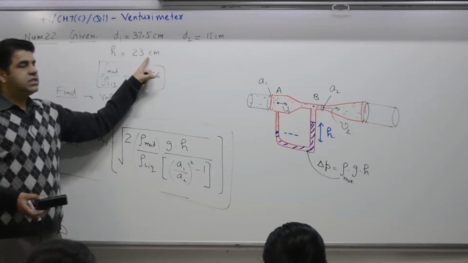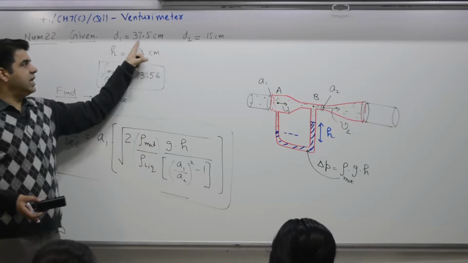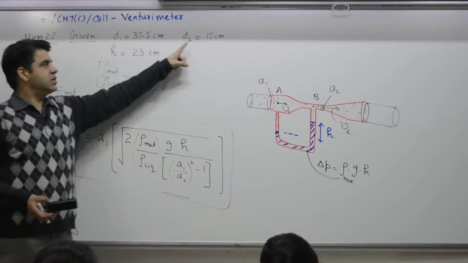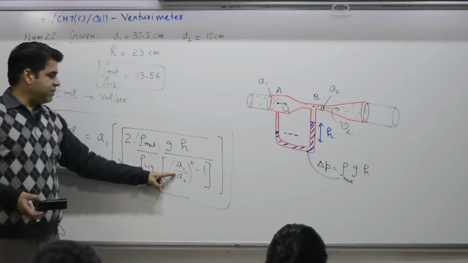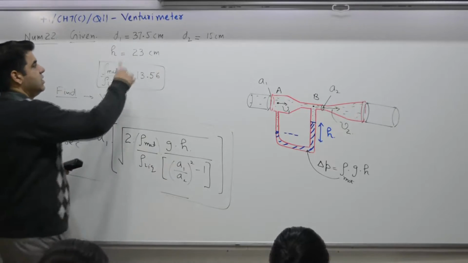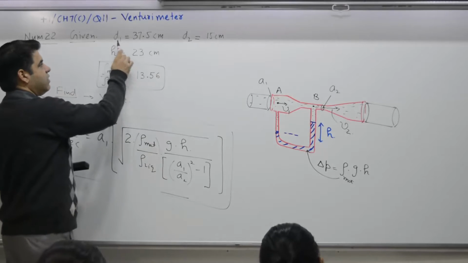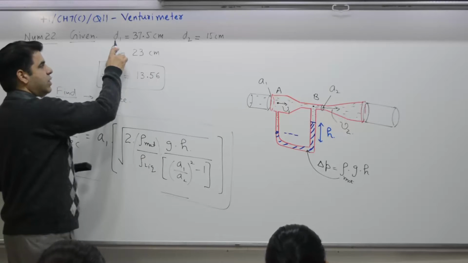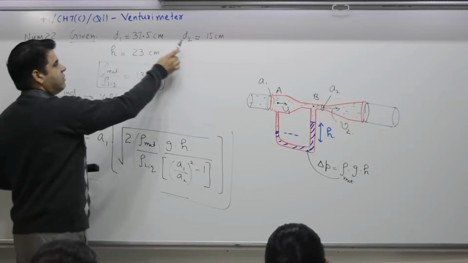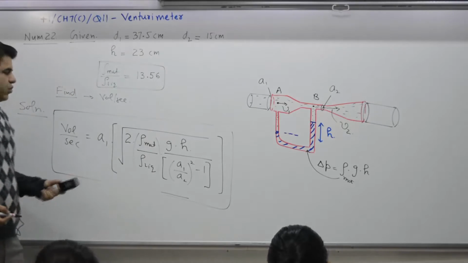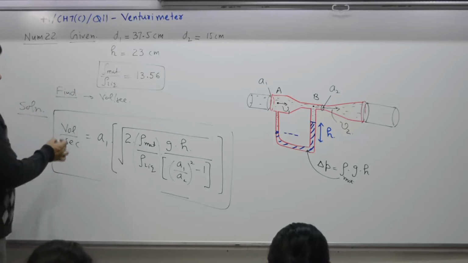H is 23 centimeter. You need to write it in meter. All data in SI: you will have to change this centimeter to meter, this also to meter. A1 by A2, you can find out as pi D1 square by 4 divided by pi D2 square by 4. You can find out the ratio of the two.